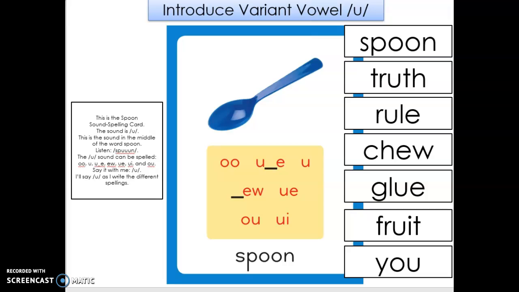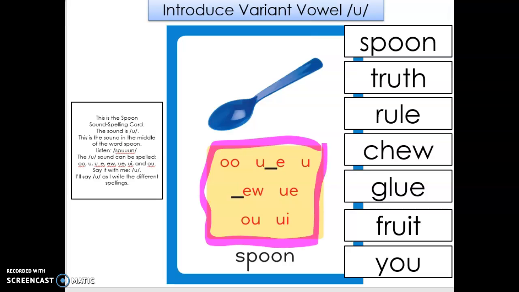All right, this is our spoon card. Spoon card is a very tricky spelling card because look at all of these different spellings for one sound. Now the spoon card says ooh, like you hear in the middle of the word spoon. So there's lots of different spellings for this sound. The first one is O-O, like you see in the word spoon.